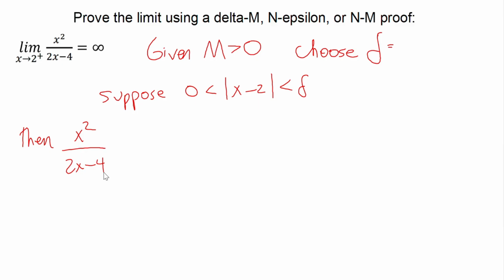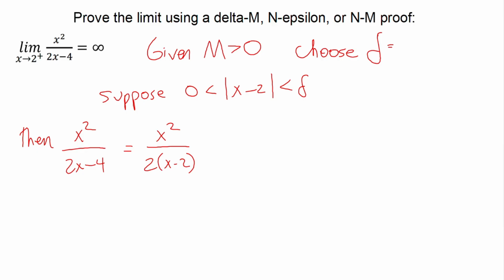And so this time we'll note that the thing in our denominator, right, is 2x minus 4, which is not quite the same thing as the x minus 2 that we have up in our suppose statement. But if we factor out a 2 from that, we can see that we just have 2 times that x minus 2 that is what is in the absolute value of our suppose statement. So that's okay.